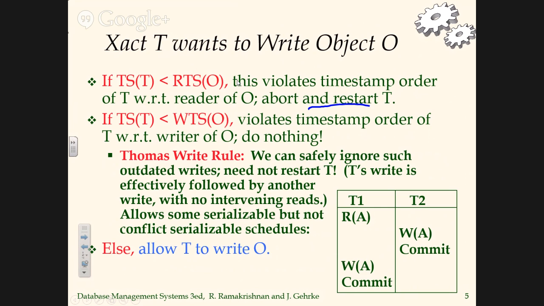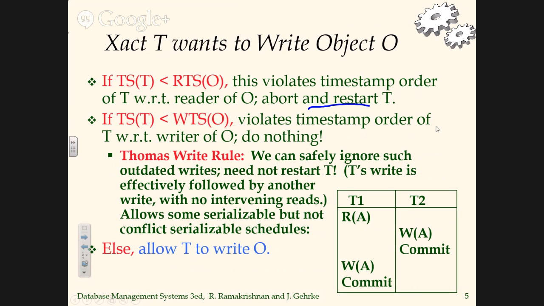There is another interesting case, and this is actually quite brilliant: what if nobody has read the value, but somebody has actually written the value? Nobody has read the value that was after your transaction started, but somebody actually wrote it.